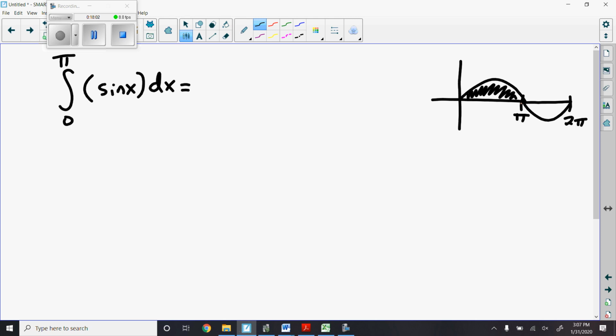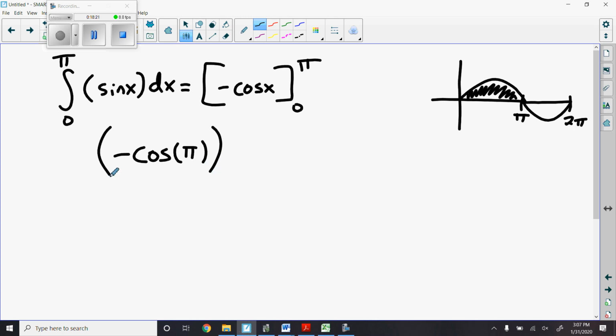So I'm going to get to my bracket, negative cosine x, evaluating this term from 0 to pi. So what I have to do here is negative cosine of pi. And I always like to put the first one in parentheses, even if I don't totally need it, and then put the second one in parentheses.